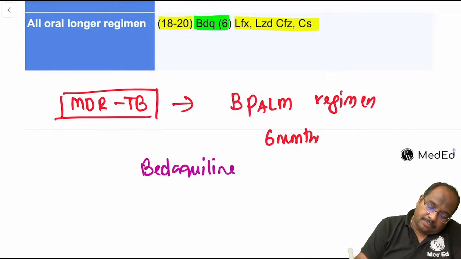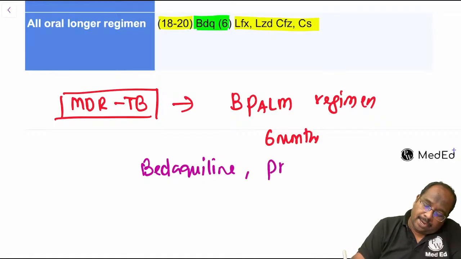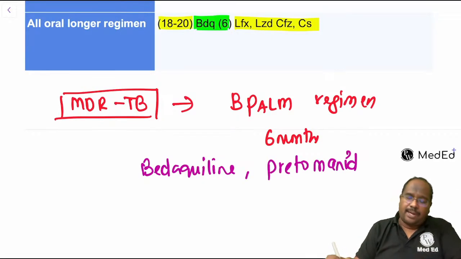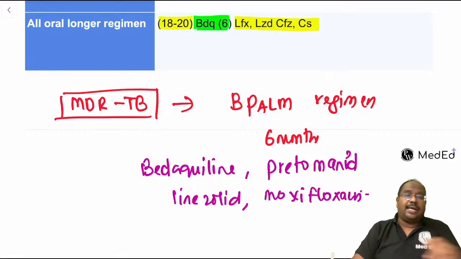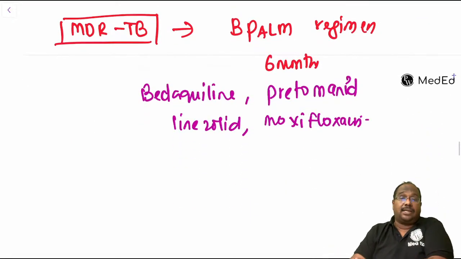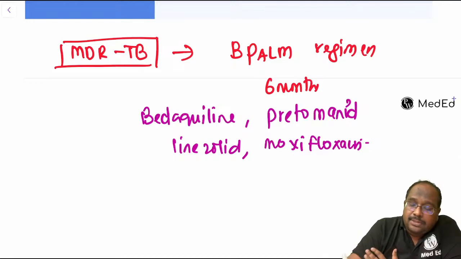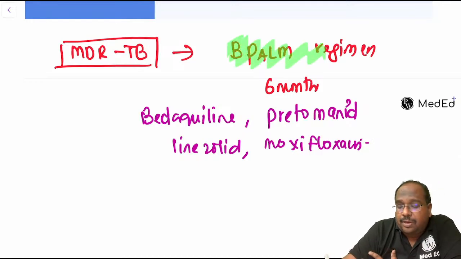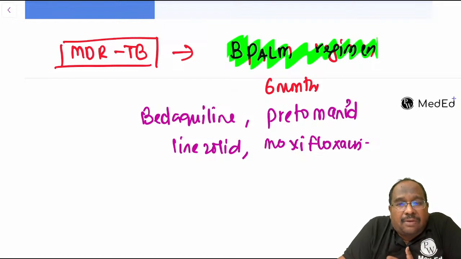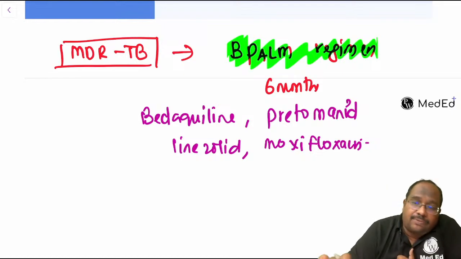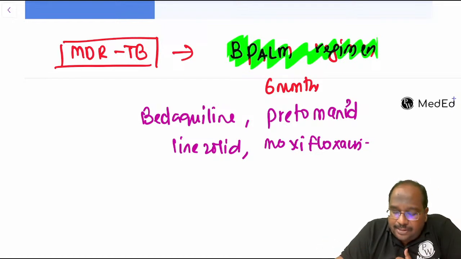Bedaquiline, pretomanid, linezolid, and moxifloxacin. This is called the BPaLM regimen, recently launched by the Government of India for MDR-TB. It's for credit.